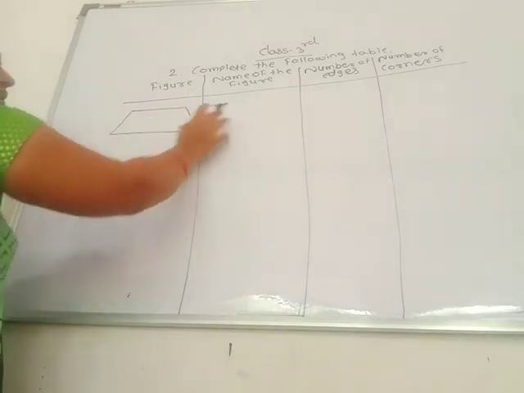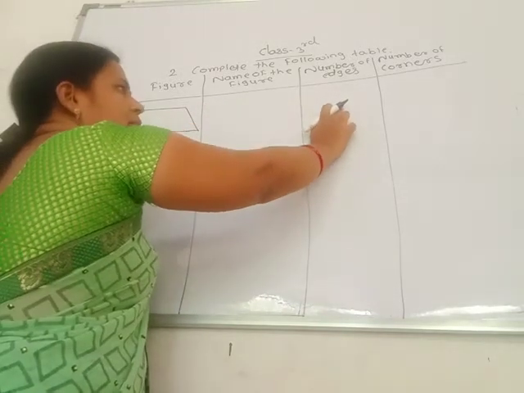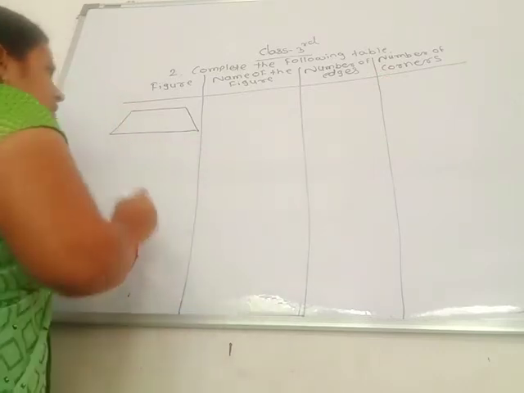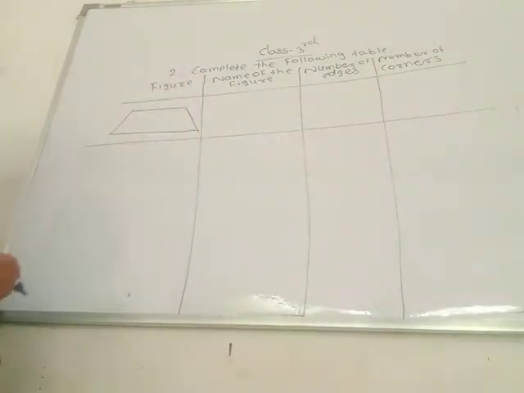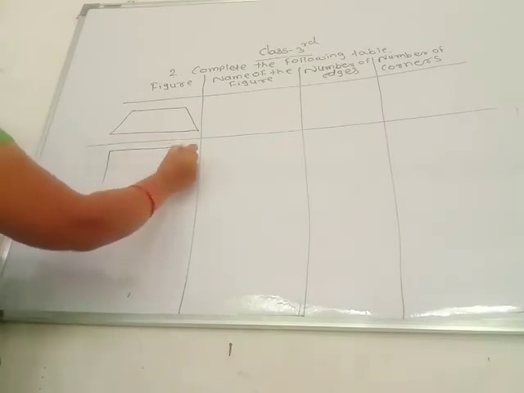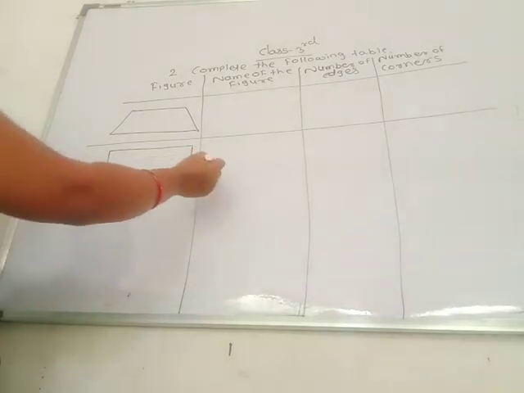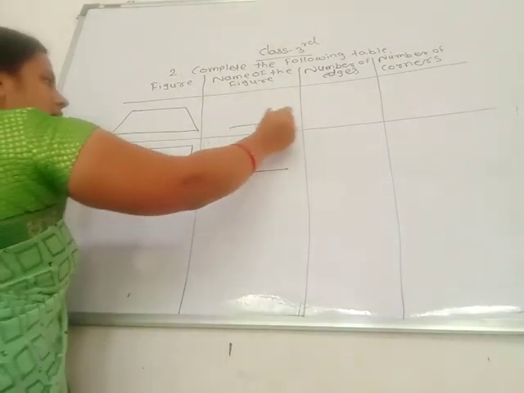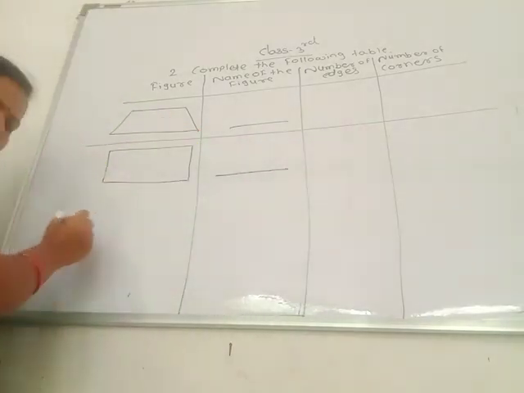This one figure is a quadrilateral. You write here number of edges 4, number of corners 4. Then next one, rectangle. You write here the name rectangle. Here number of edges 4, number of corners 4.